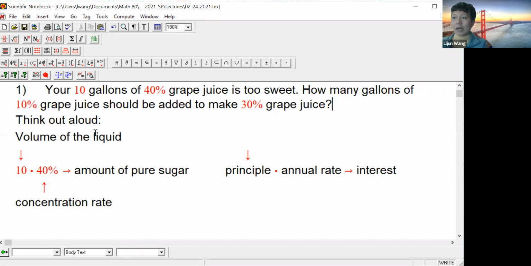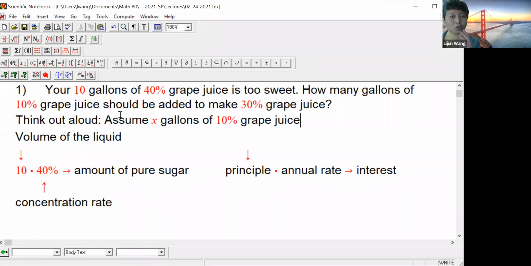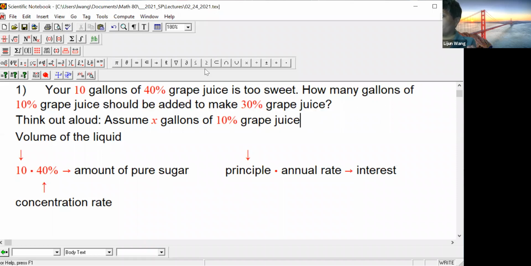So how about we assume that X gallons of 10% grape juice should be added in order to make that 30% grape juice, right?